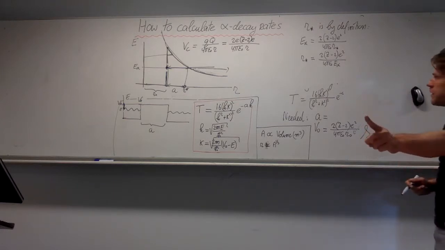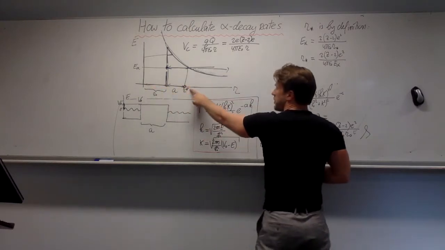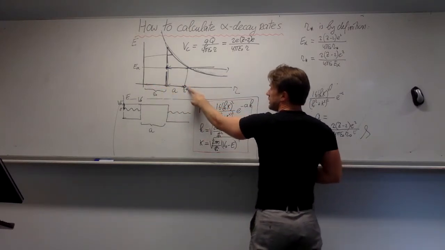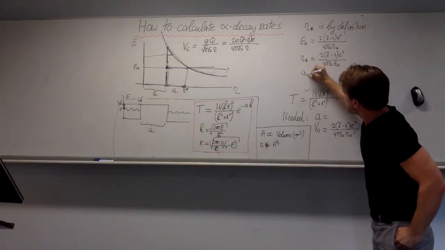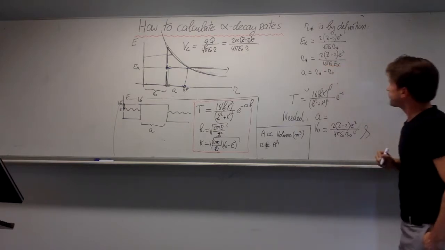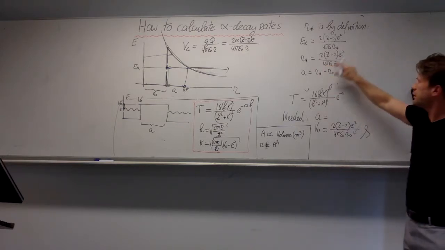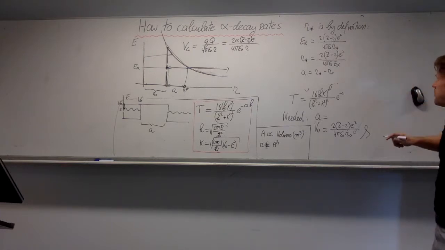Oh, excuse me, that's not the width of the barrier. That is this distance. And the width of the barrier, as I said before, is this distance, that one over there, minus R0. So A is R star minus R0. And we already know R star, that's this expression. We also already know R0, I just wrote it down before.